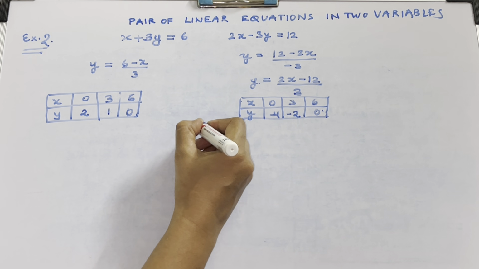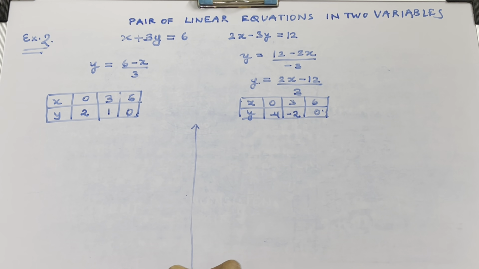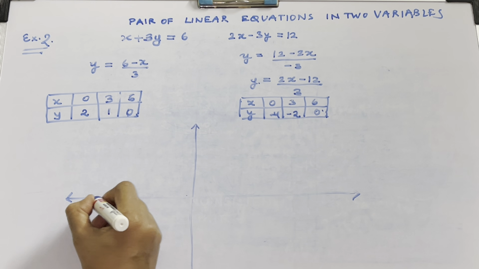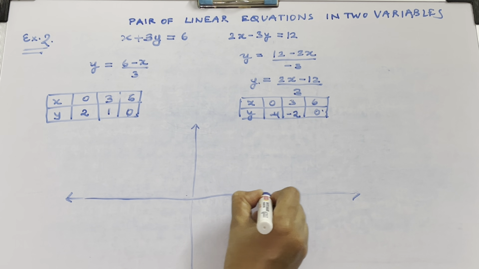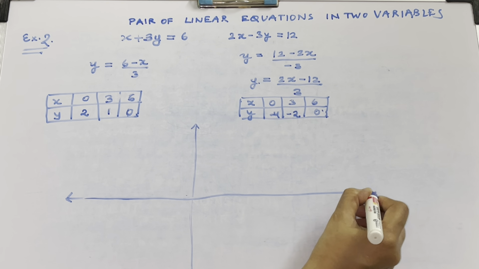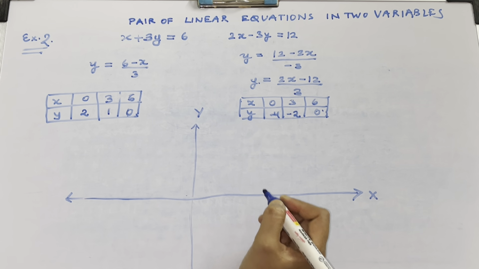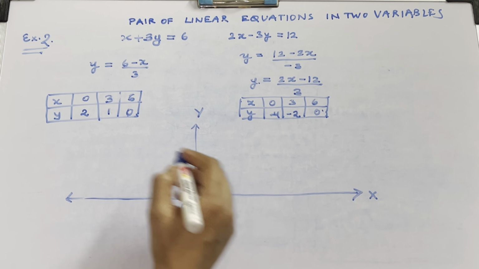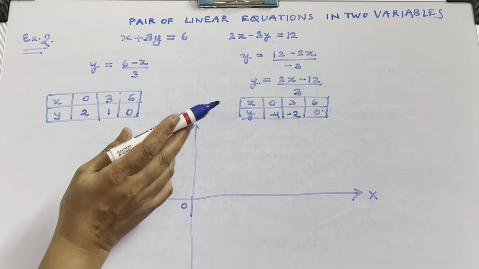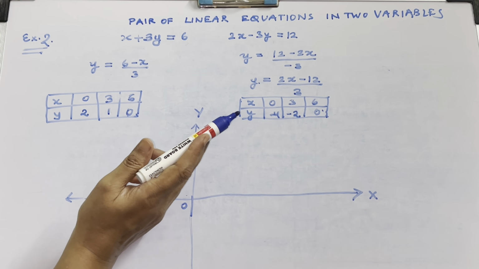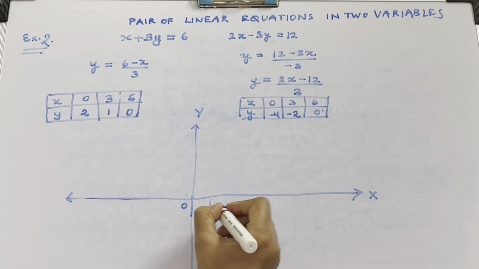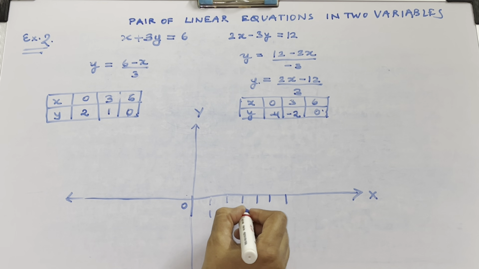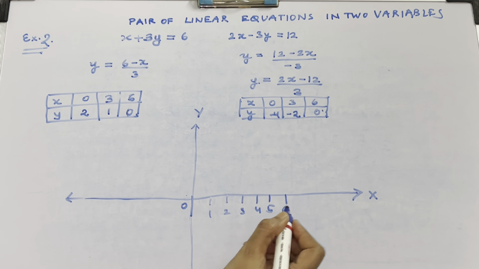We draw our Cartesian plane with 4 quadrants like this. This is the x-axis. Do write here x-axis, here y-axis. This is the origin, so this is 0. Here on x, we require a maximum positive value of 6. So 1, 2, 3, 4, 5, 6.